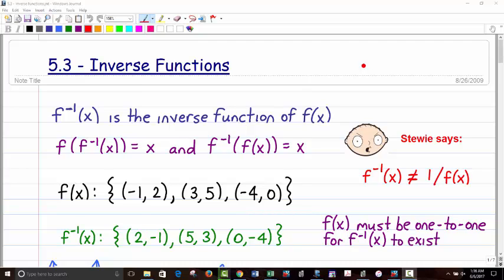This video discusses inverse functions, and more specifically the calculus part of this, the derivative of an inverse function. Inverse functions, you possibly should have seen somewhere in algebra or pre-cal or something like that.